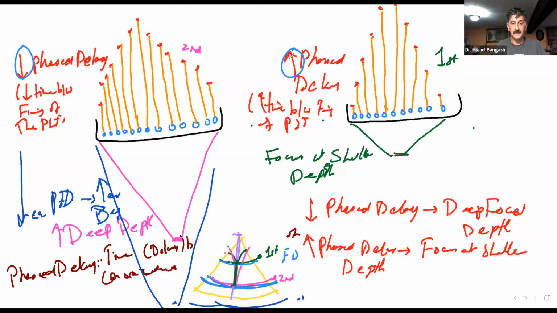But even in that, you will still say just one focal depth. At this depth here, it's going to be the depth at which the beam will focus.